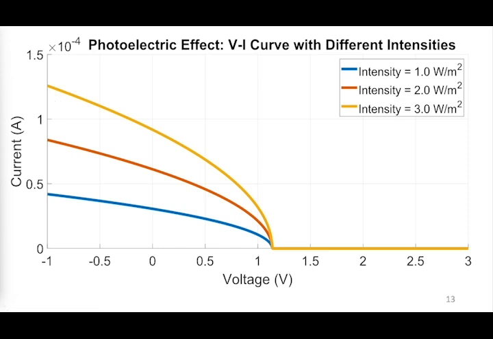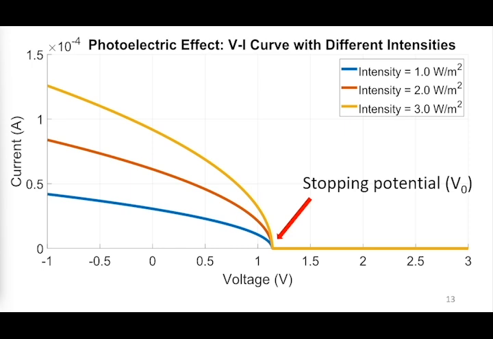Larger current corresponds to the more amount of electron emission from the metal surface. However, as we increase the potential, all of those currents come to zero at one single point, which is the stopping potential.